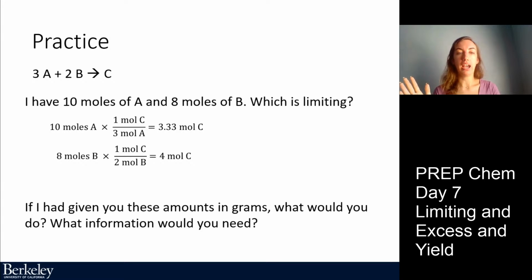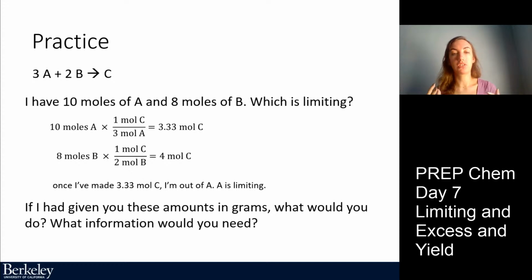And so I can't ever get to 4 moles of C because I'll run out of A at the point that I've made 3.3. So that means I'm going to run out of A first before I run out of B. So just putting what I just said into text, once I've made 3.33 moles of C, I'm totally out of A, which means that A is limiting.